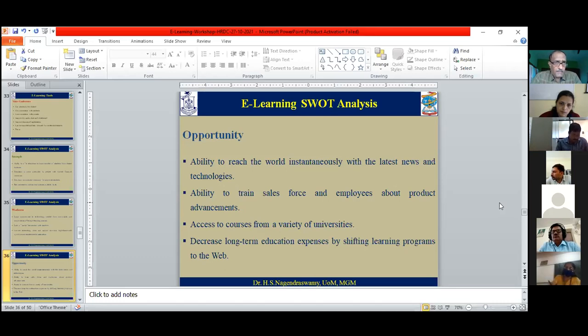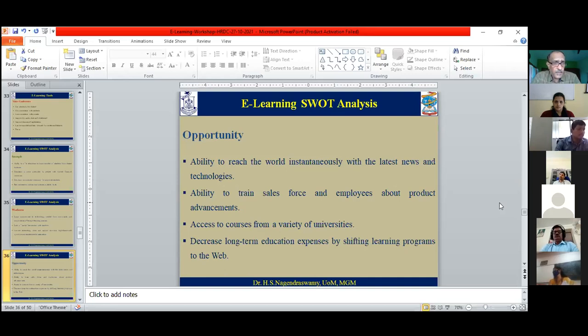Similarly, if it is a medical program, then it is definitely much more than 50 lakhs, or even sometimes goes beyond a crore. And that is only for 4 years. Then what about lifelong learning? You cannot think of it. But with the support of this e-learning platform, definitely you can reduce the long-term education expenses, and you can shift learning programs to the web.